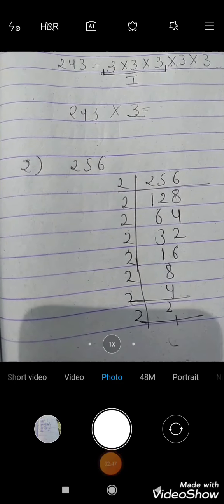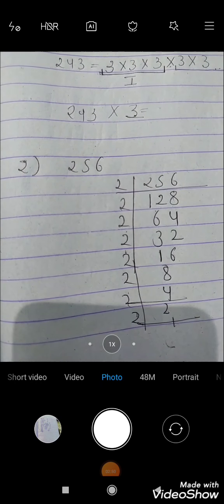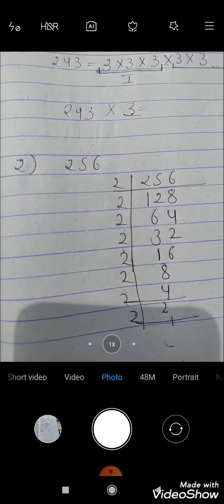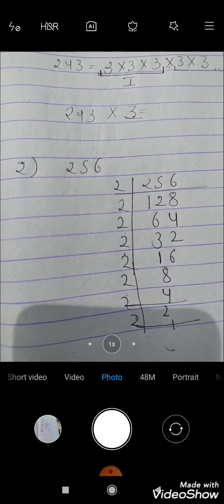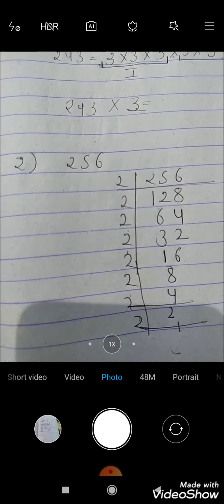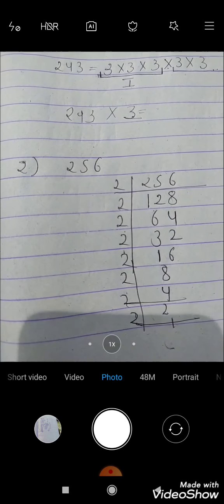The second part of the second question is 256, and we have to find the smallest number by which we multiply 256 so that it becomes a perfect cube.